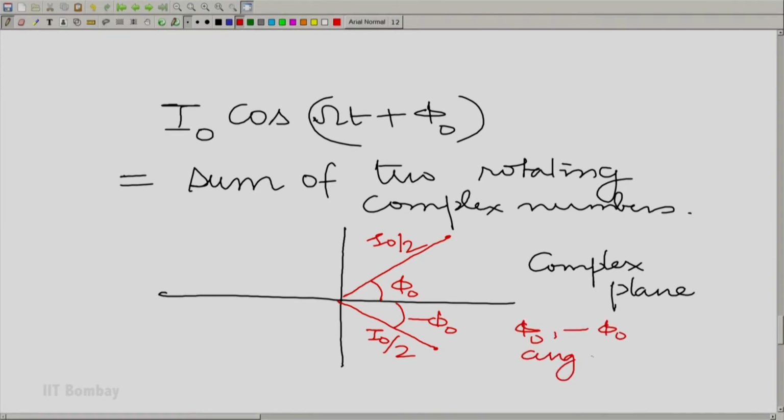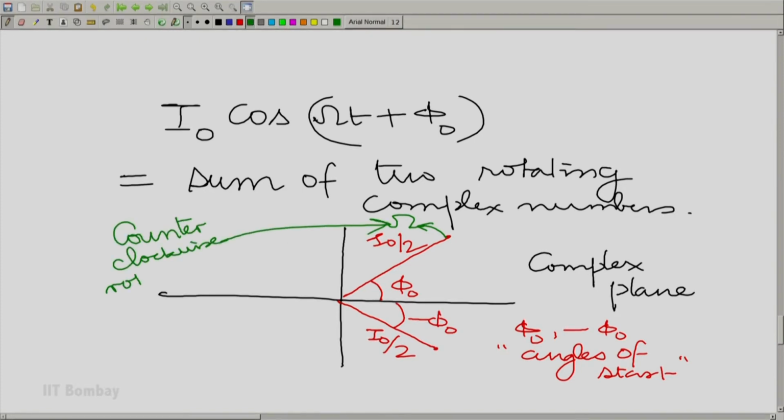So, phi 0 and minus phi 0 are the angles of start, and let them both rotate with an angular velocity of capital omega. The only thing is, this rotates with a counterclockwise angular velocity, and this one rotates with a clockwise velocity, which you might call minus omega if you like.